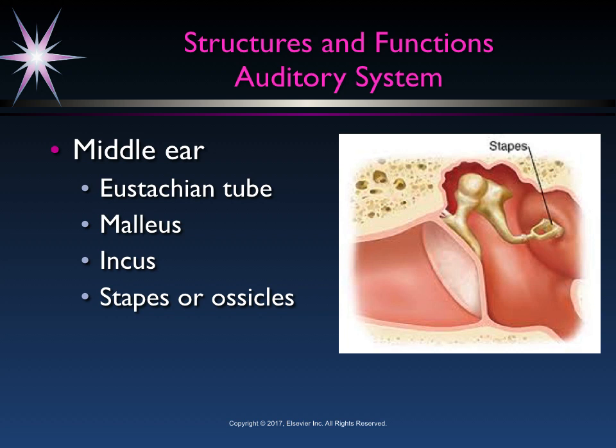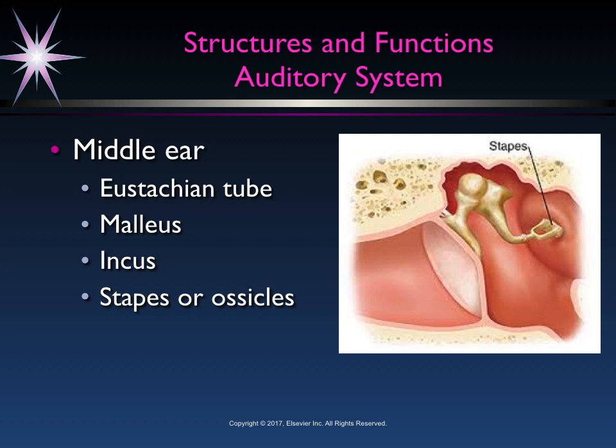It's normally closed and opened with movement of the jaw, usually with yawning and swallowing. Blockage can occur with allergies, nasopharyngeal infections, or enlarged adenoids. When the eustachian tube remains open, it's referred to as patulous. When this occurs, the person can hear their own voice. They call it autophony.